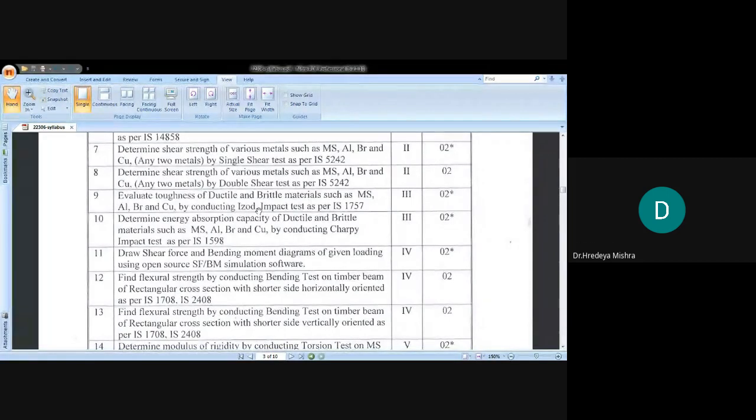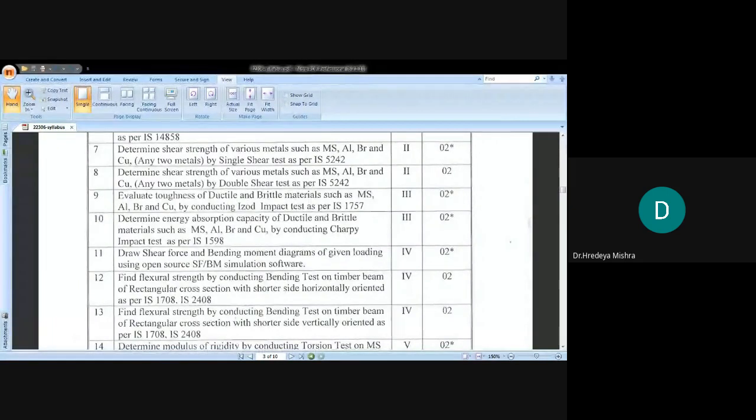This is Izod test and this is the Charpy test. This is the name of the scientists who invented this test. Izod is a scientist and Charpy is also a scientist who produced these two types of impact test.